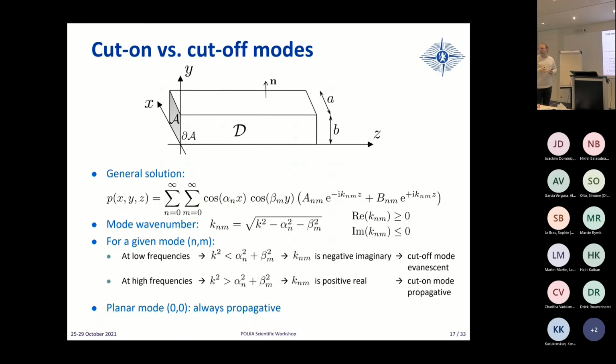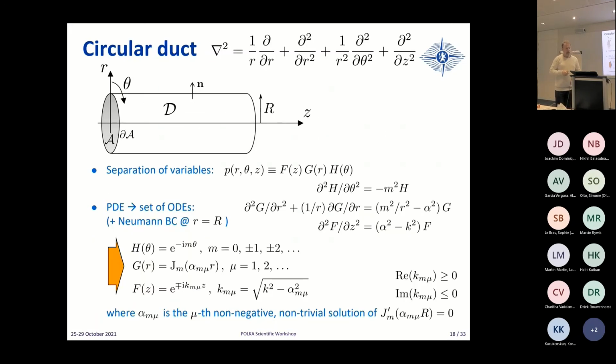There's no way, as far as I know, to cut off a plane wave mode. Okay, it will always propagate. It is the other modes that have these frequency thresholds to become propagative. Right? Is the story about propagating and evanescent modes clear?